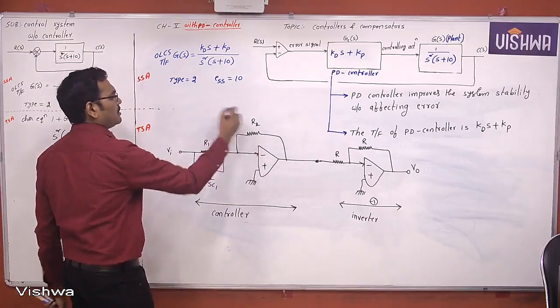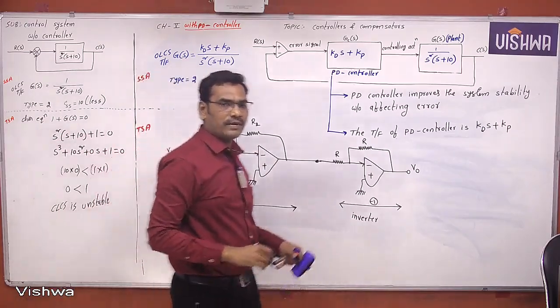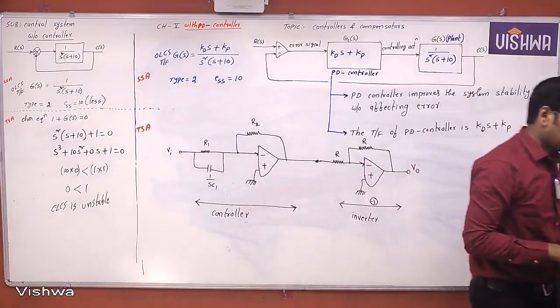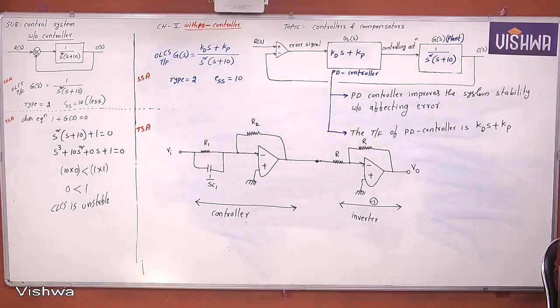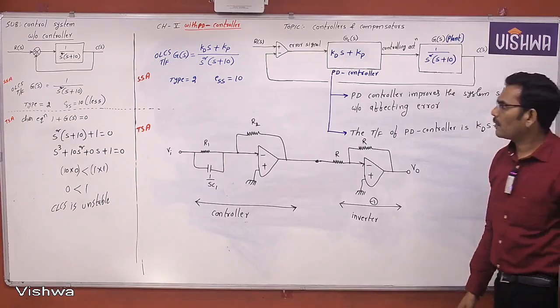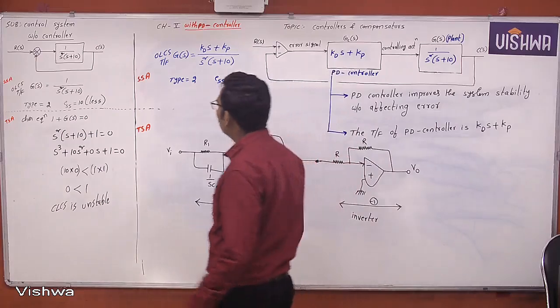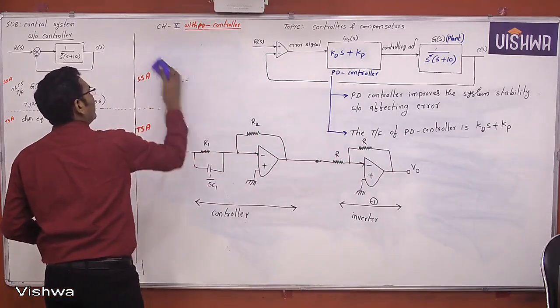Now you simplify this circuit and compare it with the original transfer function. Then what should be the transfer function you are getting here?